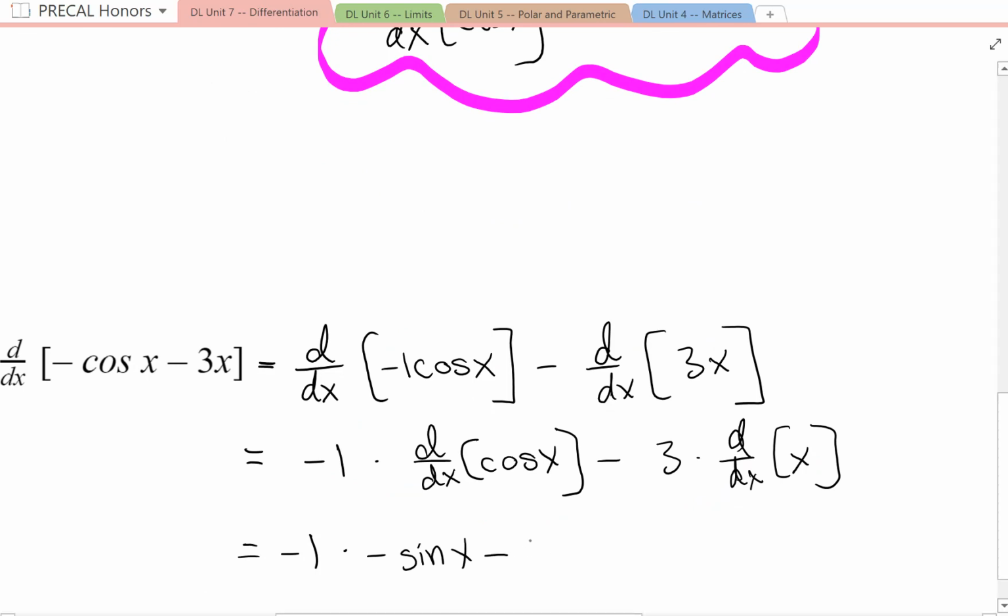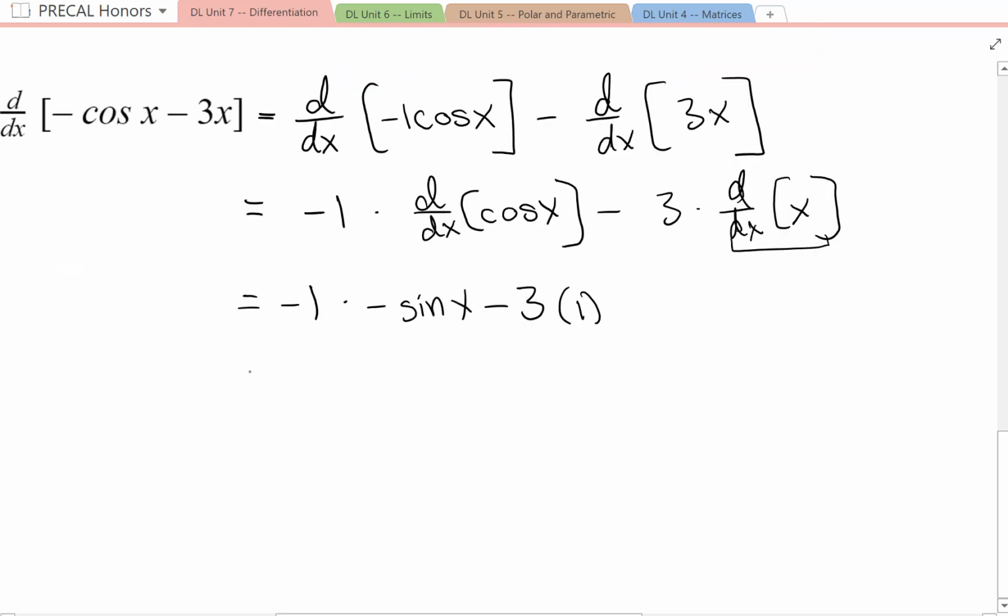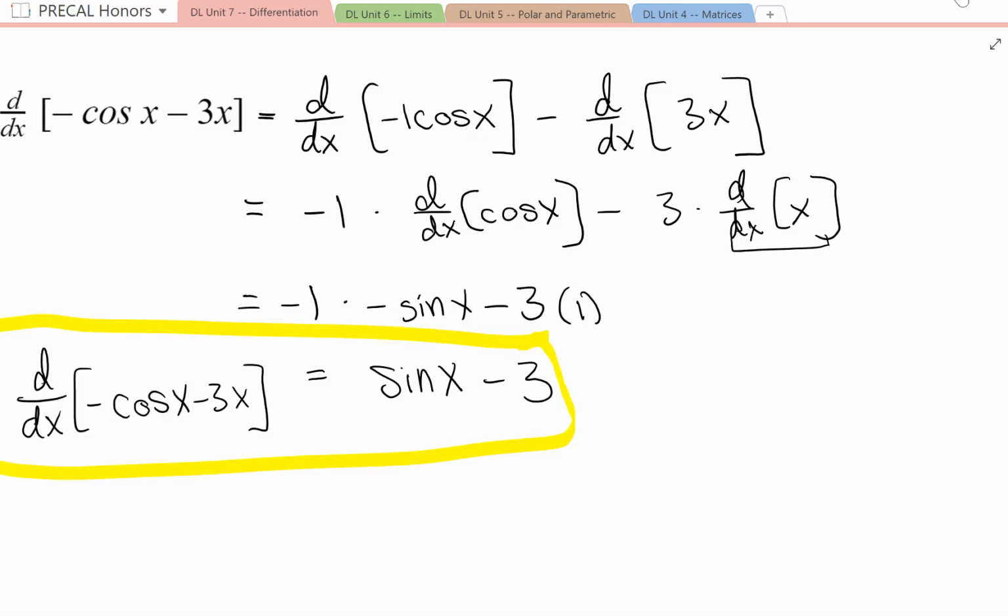Minus 3 times the derivative of x is 1. Negative 1 times negative sine x is sine x. Minus 3 times 1. Sine x minus 3 is the derivative of negative cosine x minus 3x.